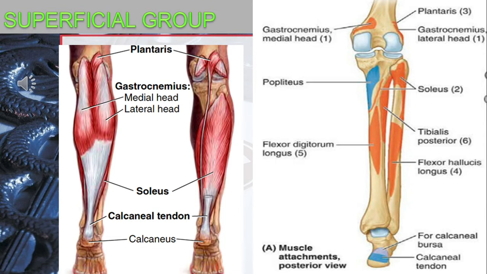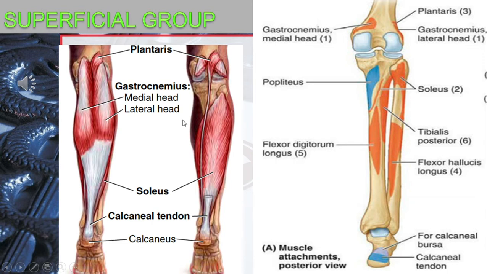Then the soleus arises from the posterior aspect of the head and the superior quarter of the posterior surface of the fibula, from the soleal line, and the middle third of the medial border of the tibia. Between these bony attachments, there is a tendinous arch or bridge-like structure of soleus, and this gives a gap below which the neurovascular structures pass.